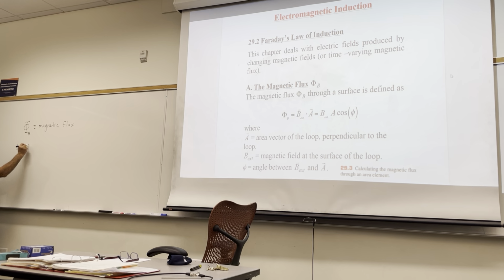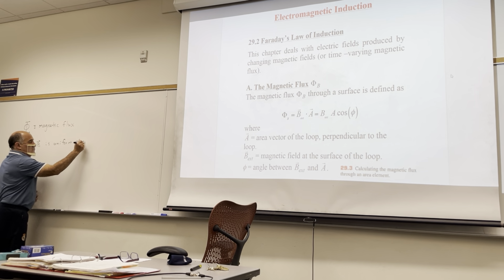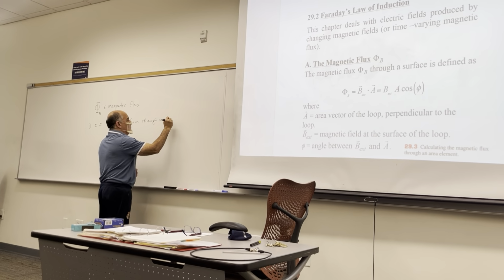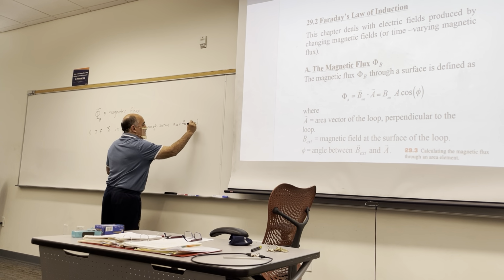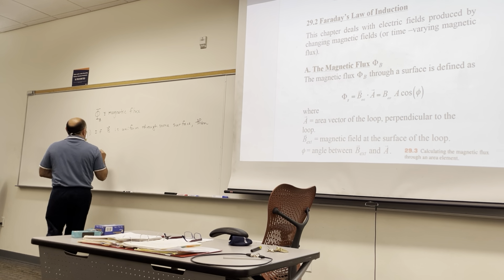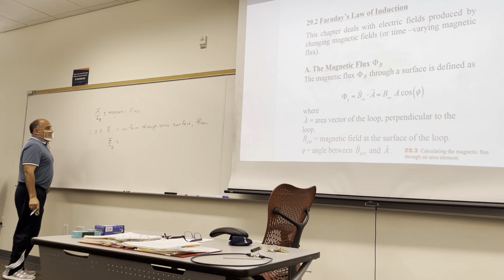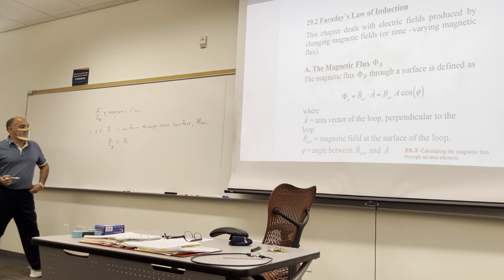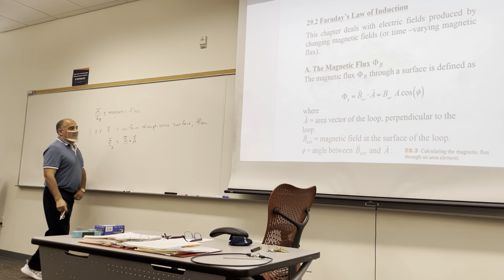One, if the magnetic field is uniform through some loop or area or surface, I'll just say surface, then the magnetic flux, just the total amount of magnetic field that goes through it, is given by the magnetic field whose flux you're calculating, dotted with the area vector for that surface.